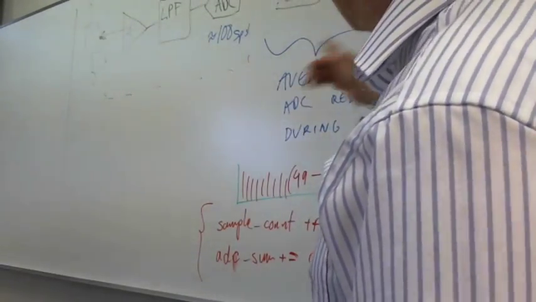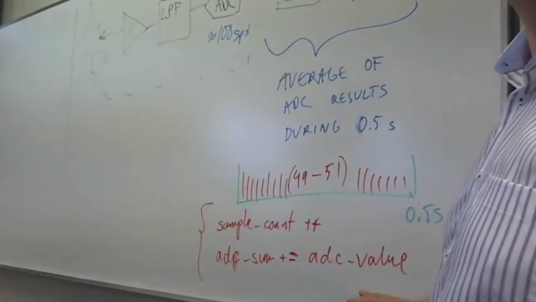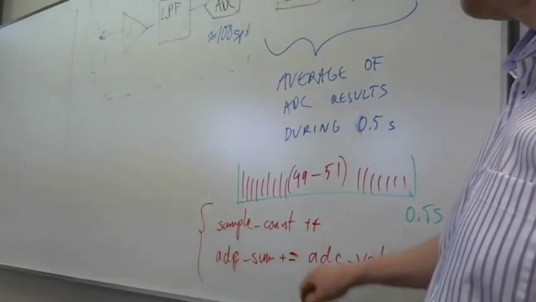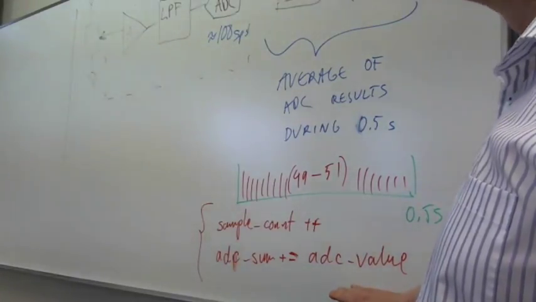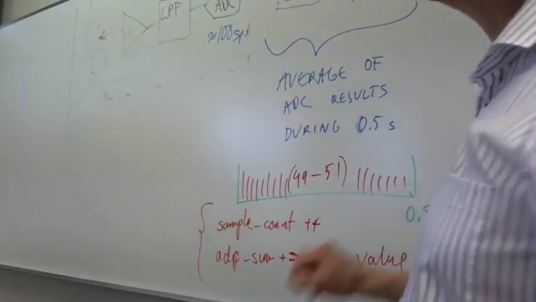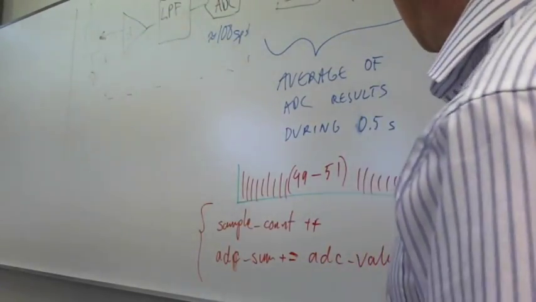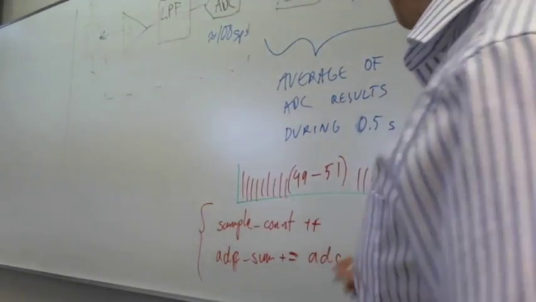Okay, but anyways, basically you should do this for every single A to D conversion result. You add to the sample count and the sum. Then every half second, you take these two variables and make a copy of those.